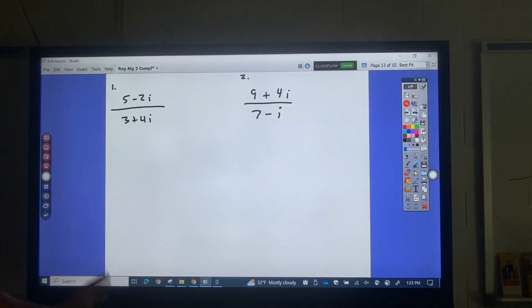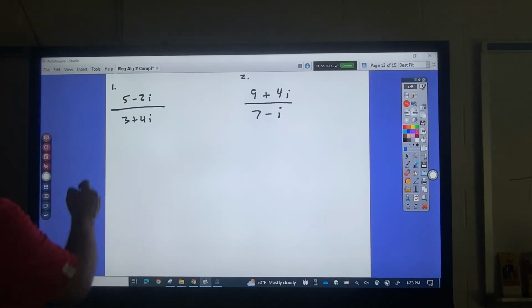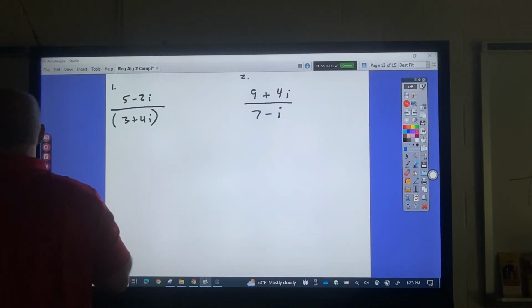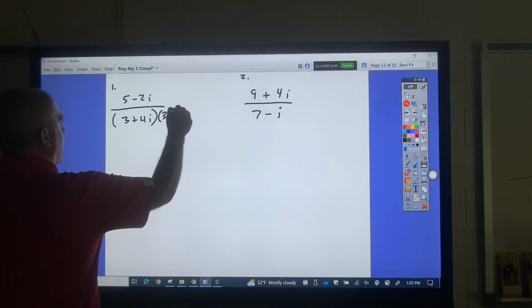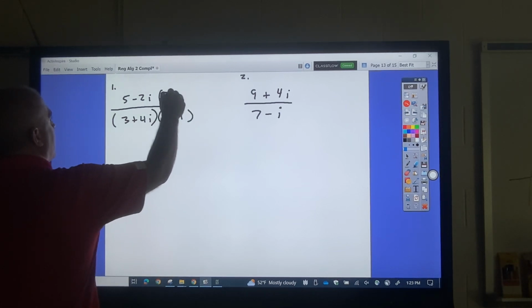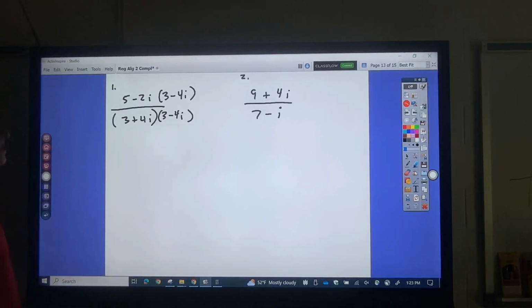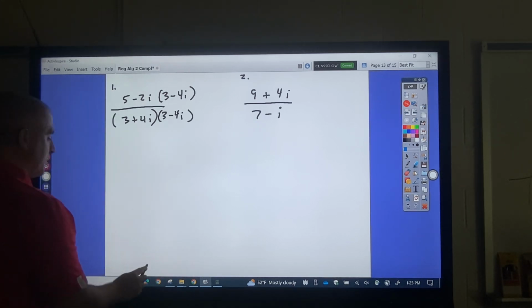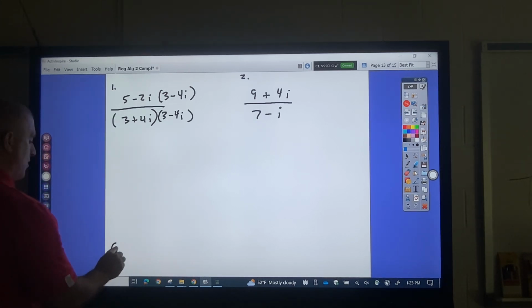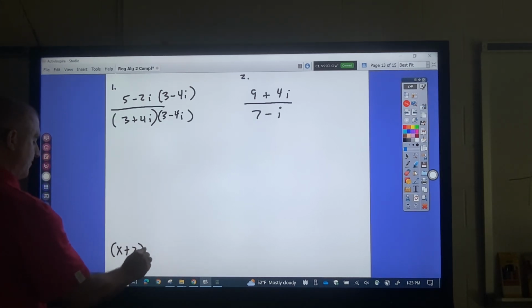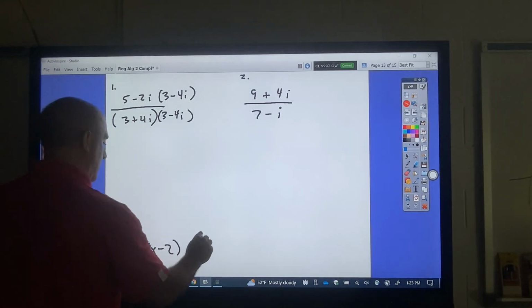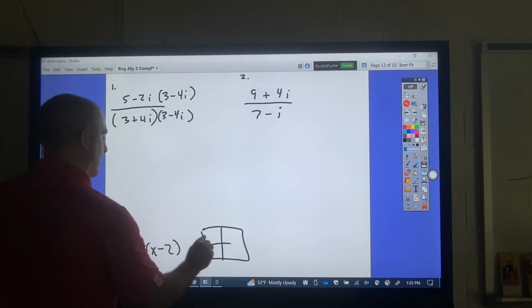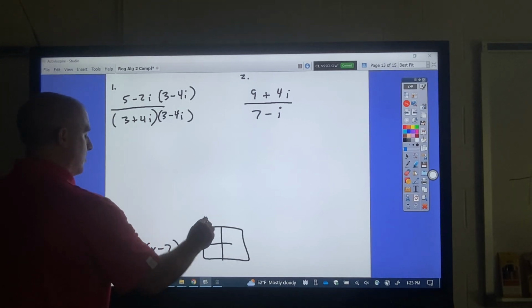Okay? Now, this is division. What you have to do is multiply by the conjugate. So this is 3 minus 4i, 3 minus 4i. Now, here's what happens with these problems. This is very similar to how, if I multiplied these and you did the box with that, watch what happens.